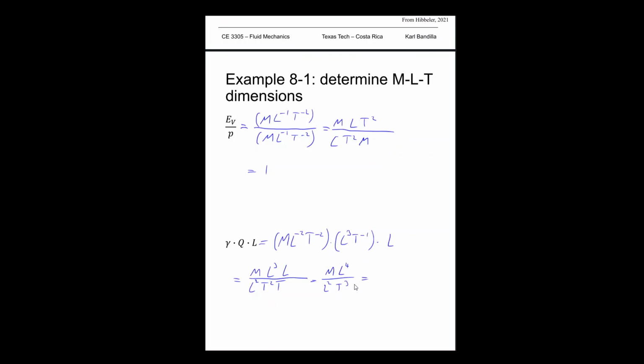And let's see, that simplifies to M L squared over T cubed.